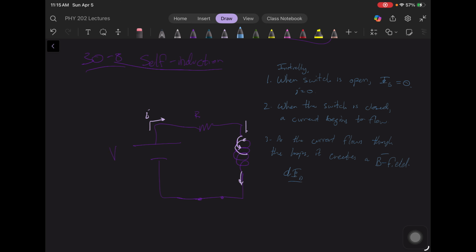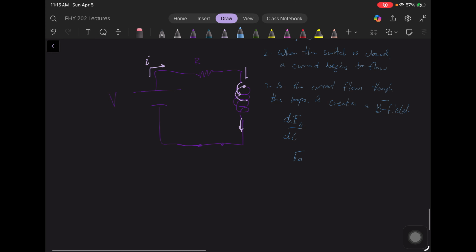But now we have a d phi dt, okay? And Faraday's law tells us we get an EMF equal to negative d phi dt.